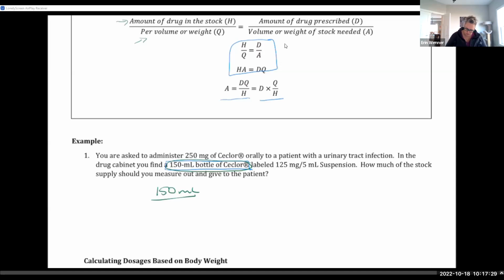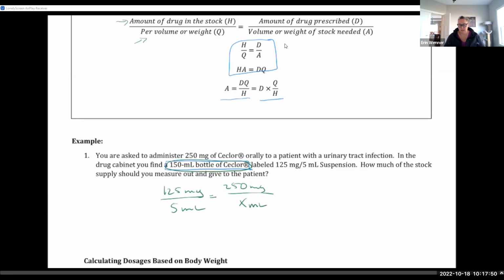Actually, we could do this easier. Let's just do it this way. We know that we have 125 milligrams per 5 milliliters, and we want to set that equal to 250 milligrams per X number of milliliters. Again, don't make it harder than it needs to be.